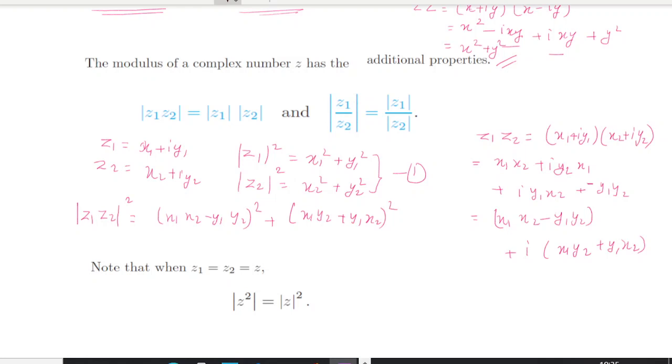When you expand, you have x1 square x2 square minus 2 x1 x2 y1 y2 plus y1 square y2 square, first term, plus x1 square y2 square plus 2 times x1 y2 y1 x2, plus y1 square x2 square. This term and this term get cancelled. Now you combine these, and you will get this term only.